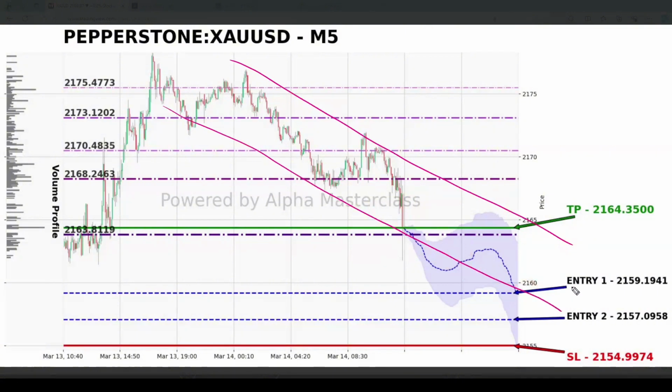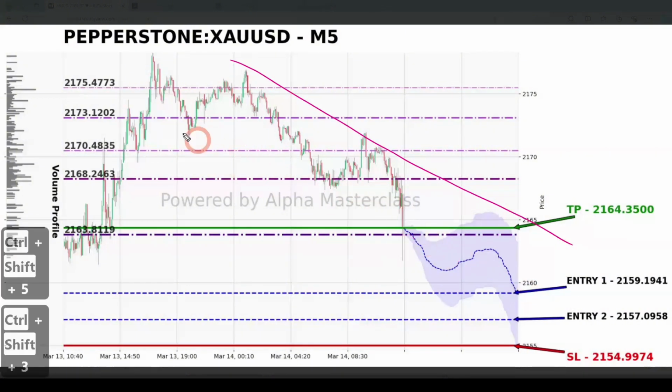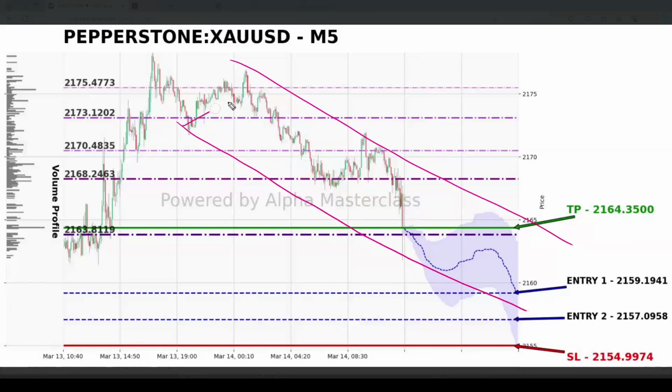How will it come down? I'll draw a proper one. We are expecting the market to move in this way. If you want to buy, it's safe to buy here. If you want to buy more aggressively, you can start to buy here.